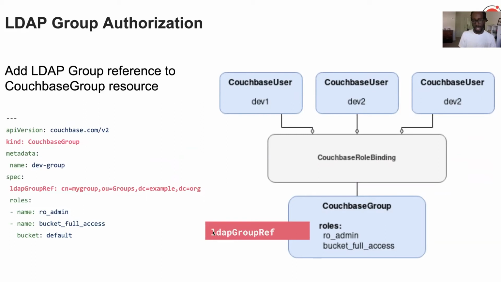To add this group reference, we edit our Couchbase group and add the specific distinguished name of the group that we want to allow to have the same roles as our Couchbase group. This is simply for authorization. It means that users are allowed to inherit these same roles, but it doesn't necessarily say anything about authentication.